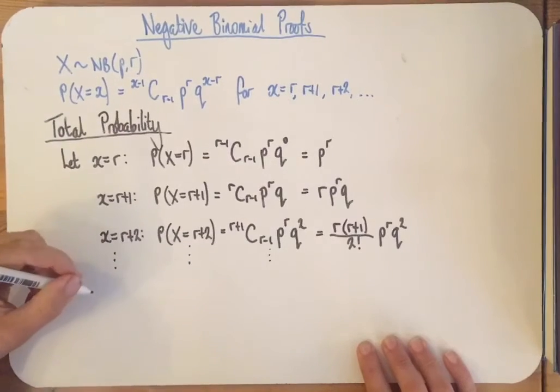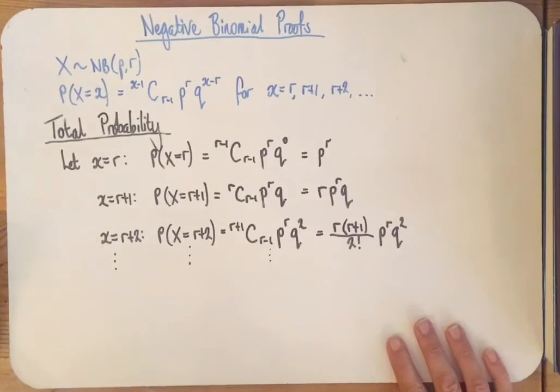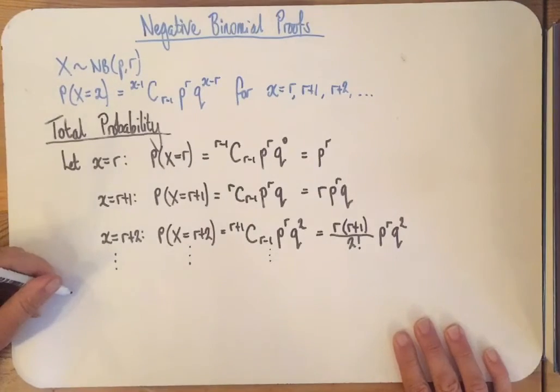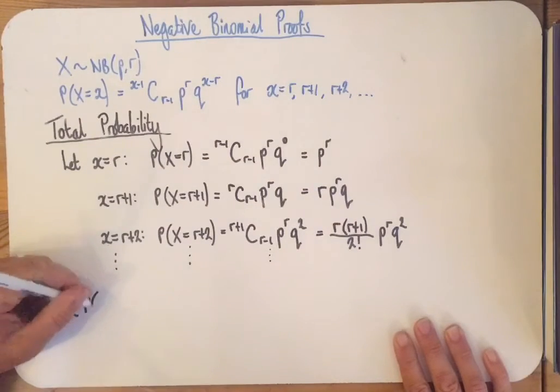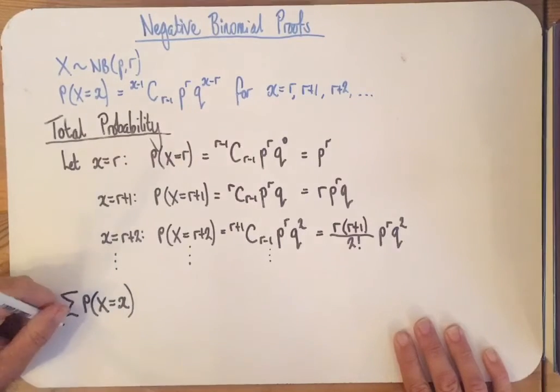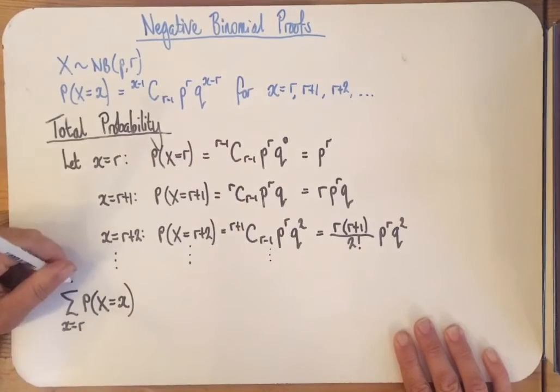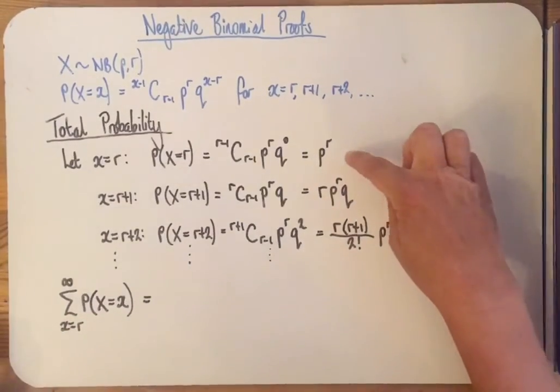And then what I'm going to do is I'm going to pull out the factors. So the sum of the probability that x equals x from x equals r to infinity is this lot added together.